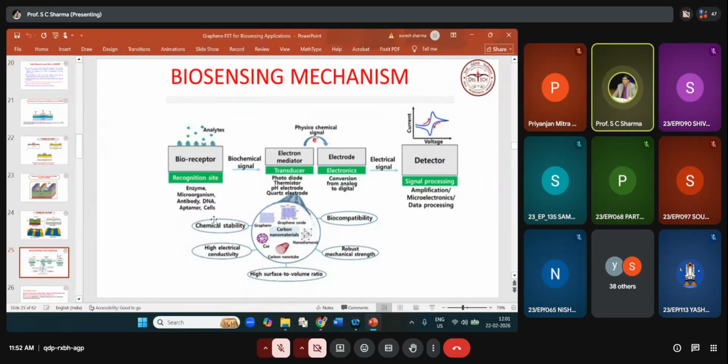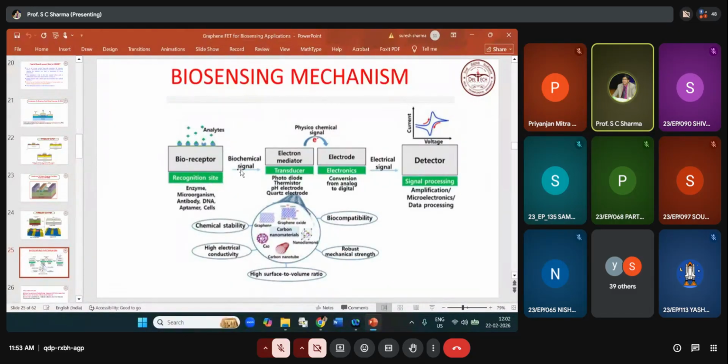This is, in fact, the device we want to fabricate. This is the bioreceptor. Analyte could be any biomolecules, could be an enzyme or any aptamer, cells, anything. It comes in contact with the bioreceptor. This is in fact the recognition site.